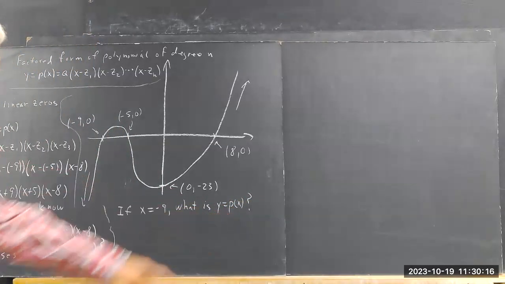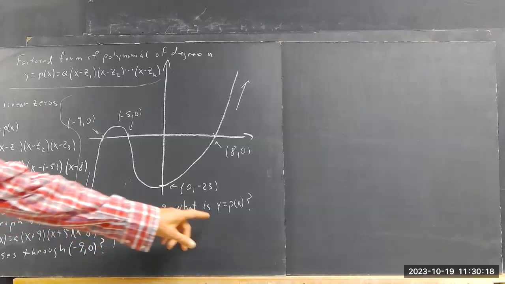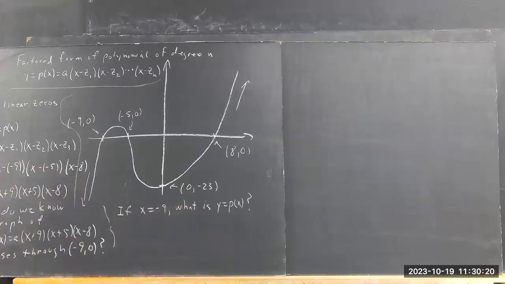According to the formula for P of x, if x equals -9, what's y?